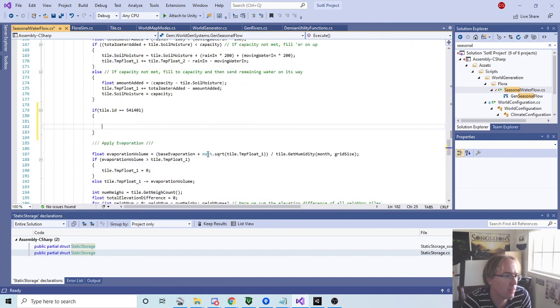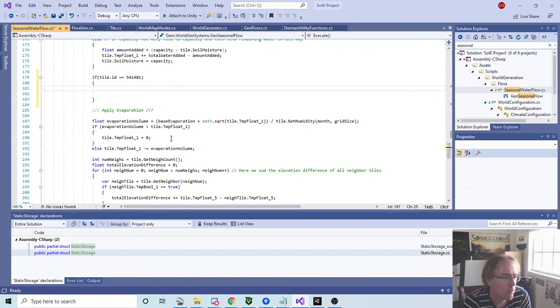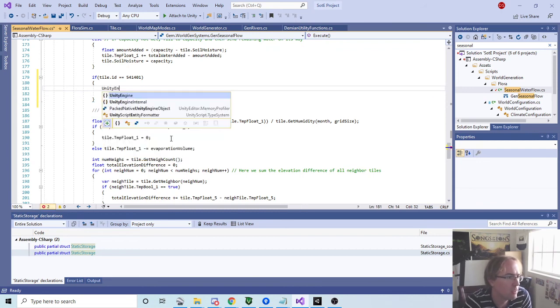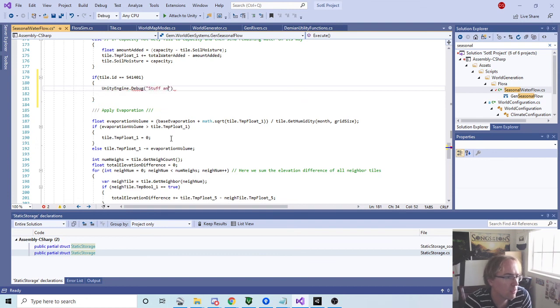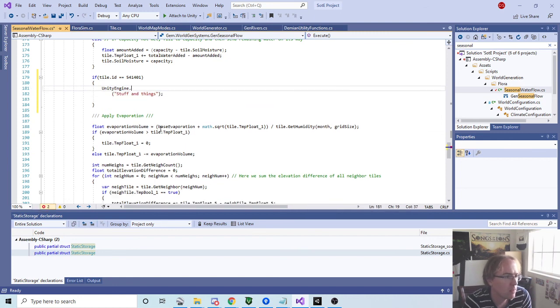I always forget Unity engine.debug, was it? Stuff and things. I thought that was how you do it.